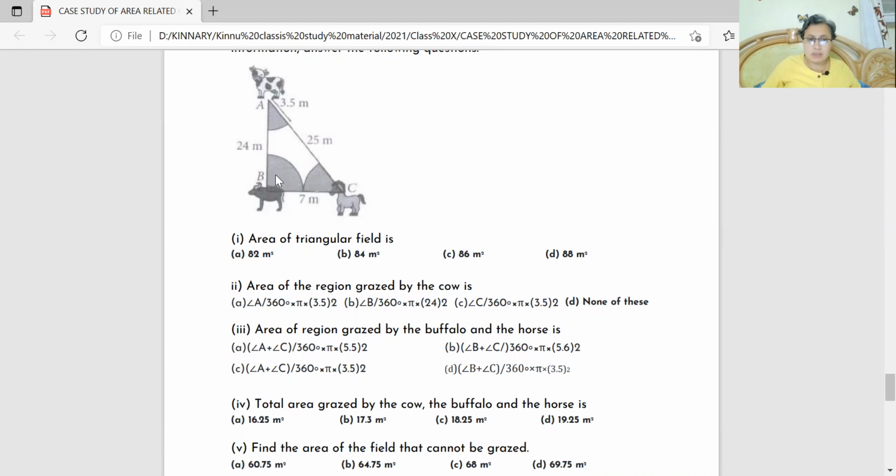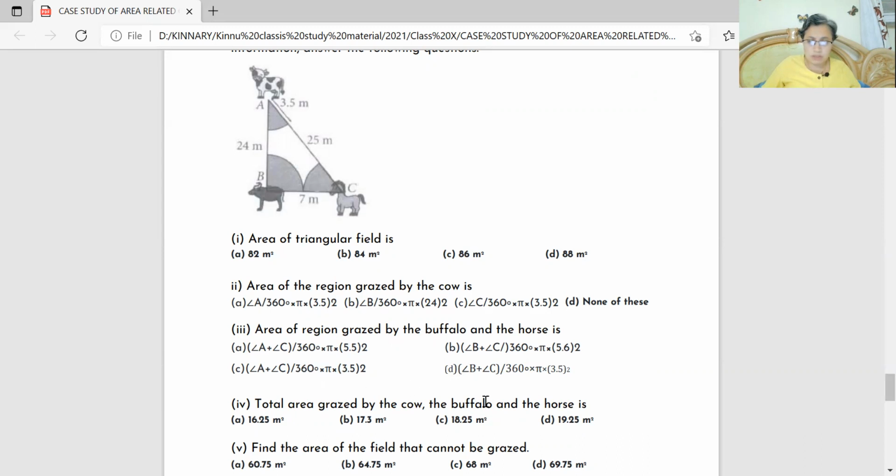If we take this one as theta 2 and this one as theta 3, then the area of this sector is theta 2 by 360 into pi into 3.5 whole square, and here theta 3 by 360 degree into pi into 3.5 whole square. So options 5.5 and 5.6 will be automatically cancelled.